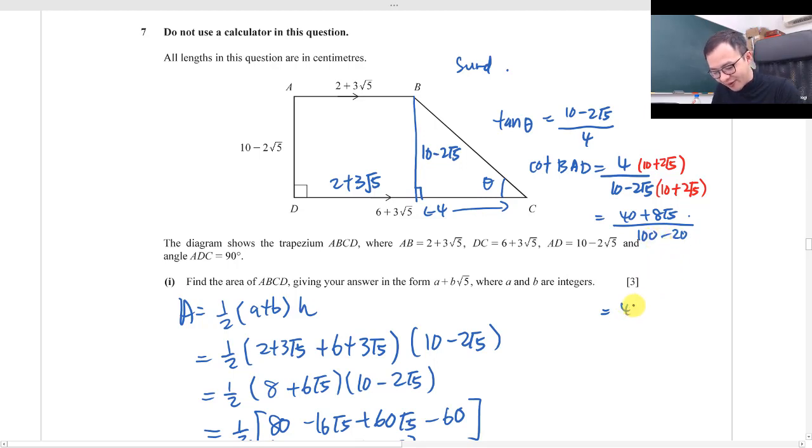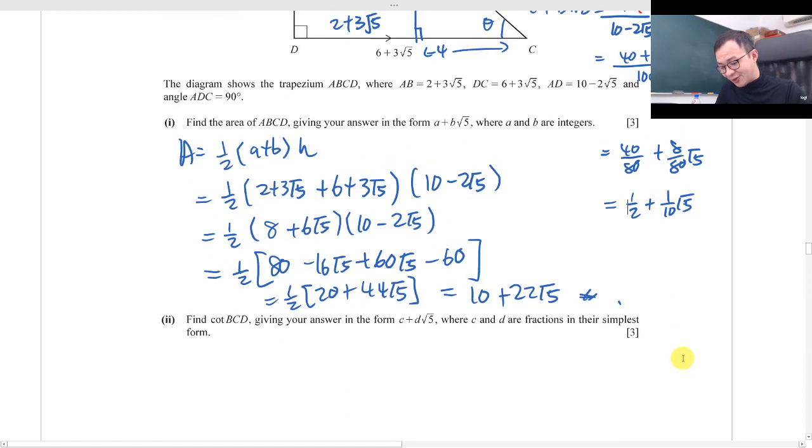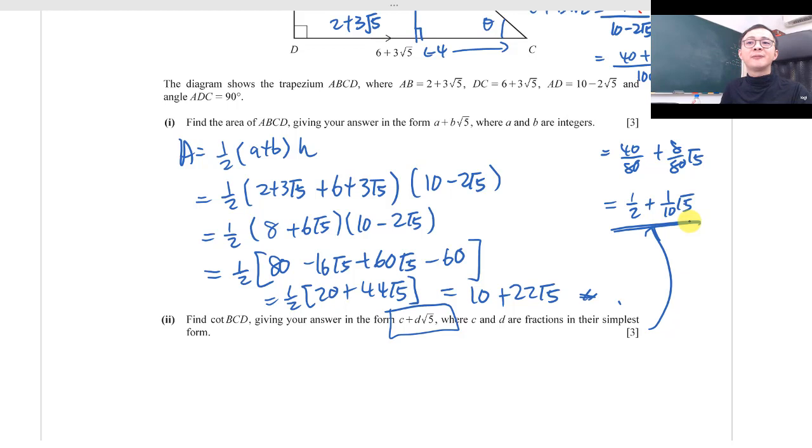So I simplify: 40 over 80 plus 8 over 80 √5, which is 1 over 2 plus 1 over 10 √5. They ask you to leave it in this form, so this is my final answer. You should be able to write 0.5 if you want to; it's 1 over 2, it's half.